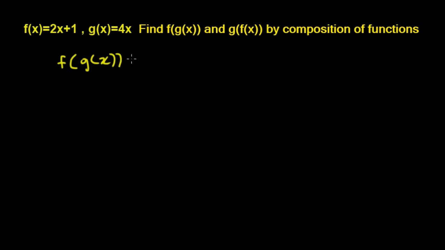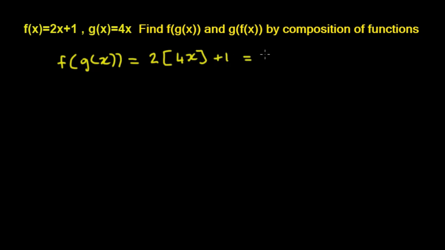We do g of x first. So we take the 4x and we replace it into f. So everywhere you see an x in this f of x, we replace it with 4x.